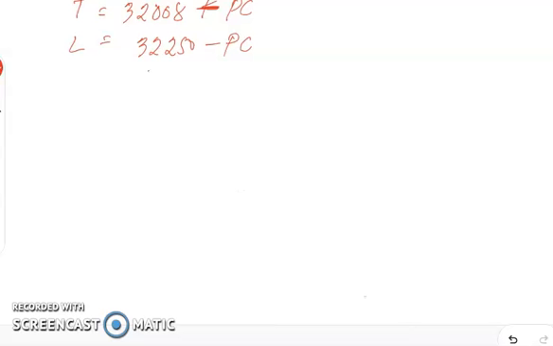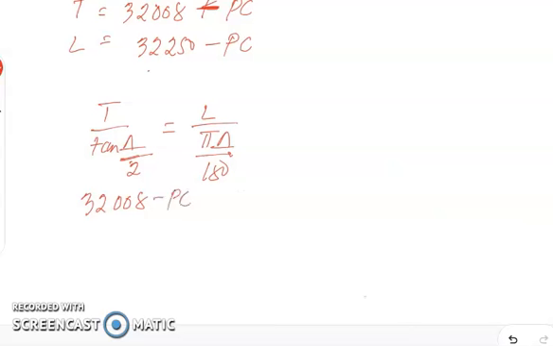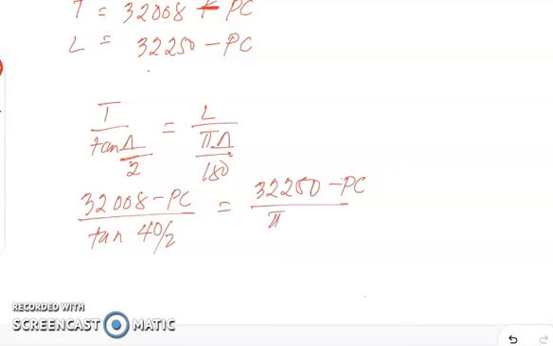And 322+50 station is equal to 32,250 feet. If we substitute that into the equation we derived a while ago, T over tangent of delta over 2 equal to L over pi times delta over 180, this is (32,008 minus PC) over tangent of 40 over 2, equal to (32,250 minus PC) over pi times 40 over 180.